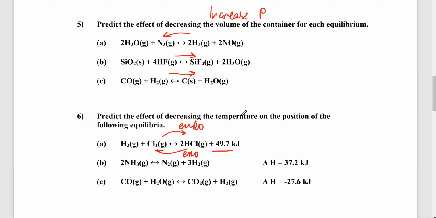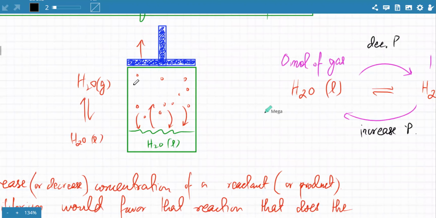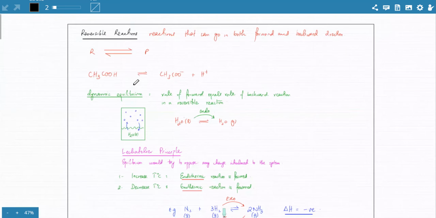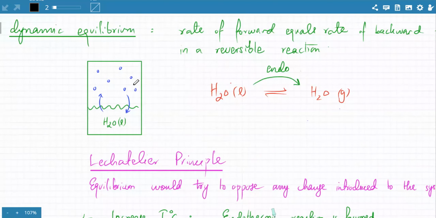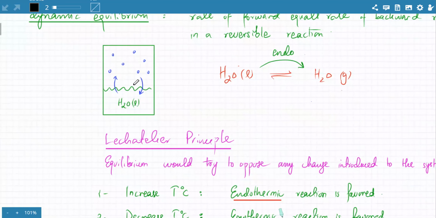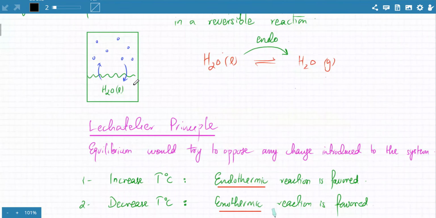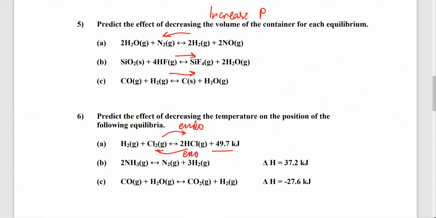Why? Because that's what we learned. Like the evaporation thing: if you decrease temperature, which reaction would be favored, condensation or evaporation? Condensation. And that's the exothermic reaction, right? Okay, yeah. As it gets colder, it favors the exothermic reaction.